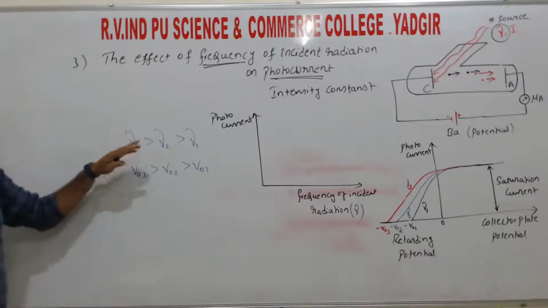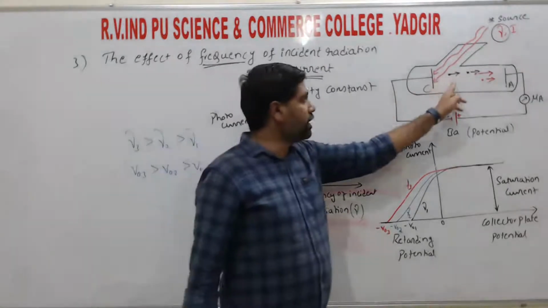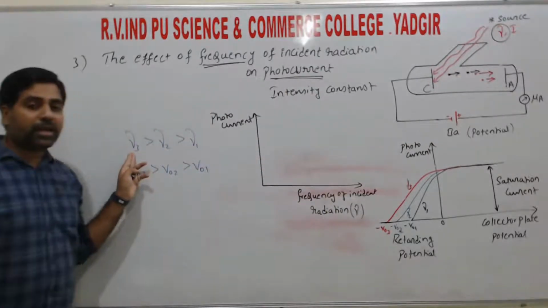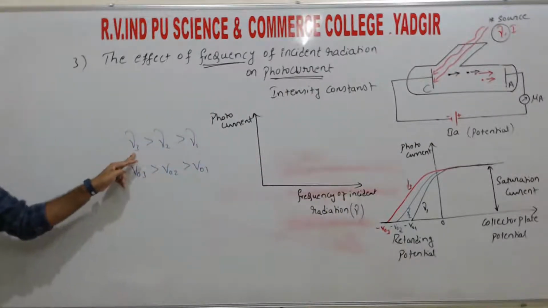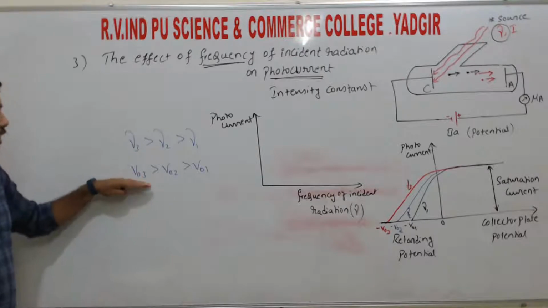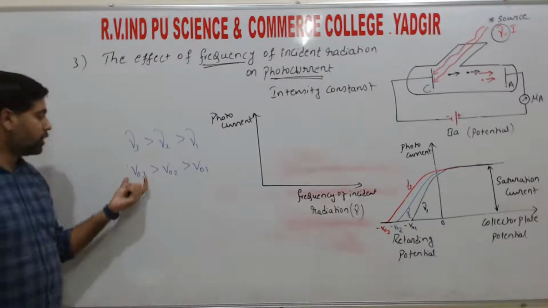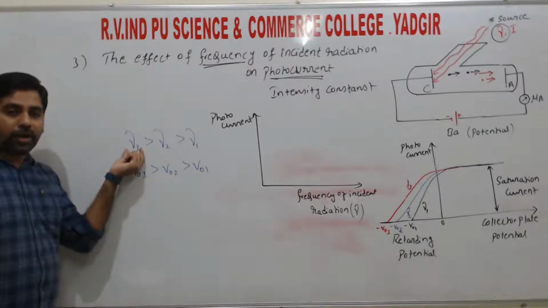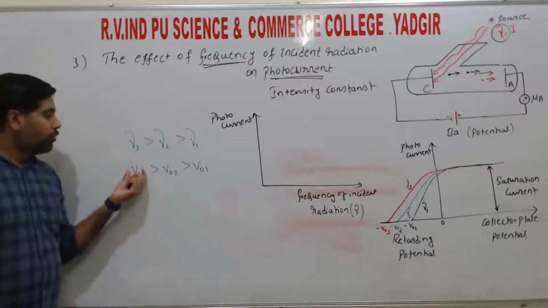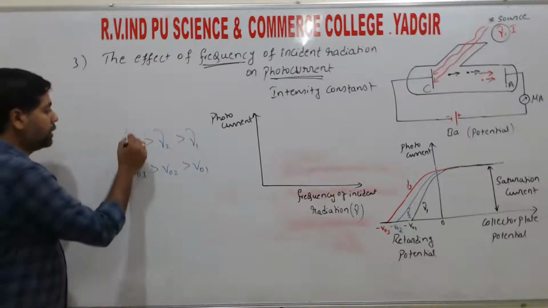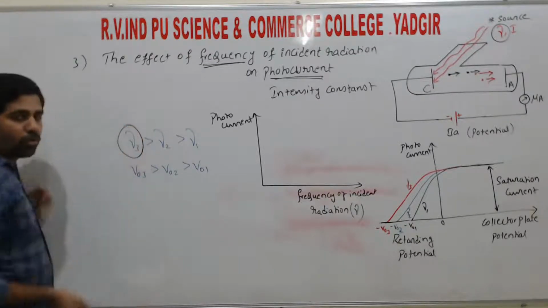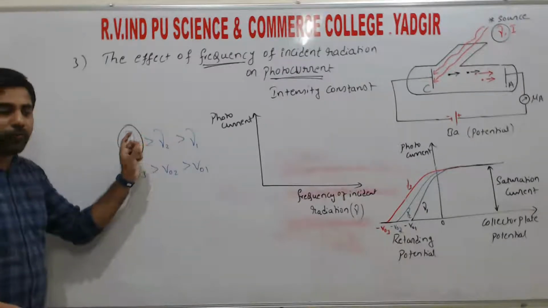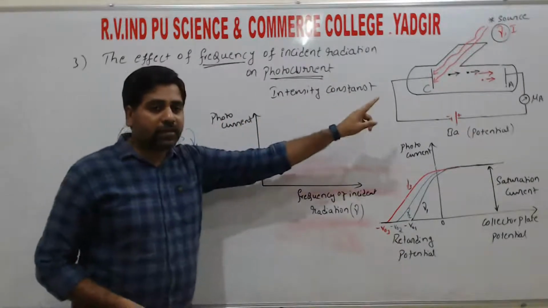The energy of the emitted electrons depends on the frequency of the incident radiation. If we have a more negative stopping potential, then we have more frequency, right? So for example, if this value is more, that is frequency is more, the electrons emitted from the photomaterial also have more energy.